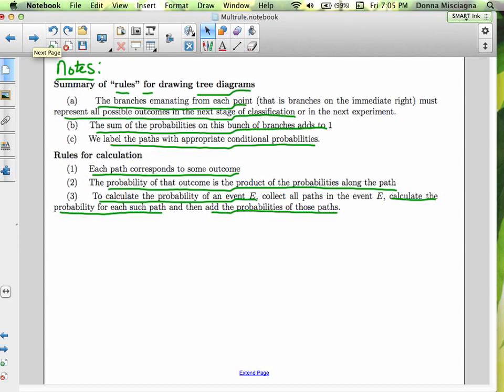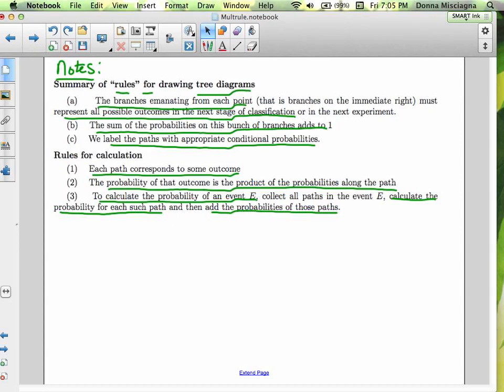So the branches that start from each point must represent all the possible outcomes in the next stage of classification. So in other words, all of our sibling choices had to represent the outcomes, own or share. Each one of them had to have the outcomes for the next stage. Right? So you can shorten that maybe.